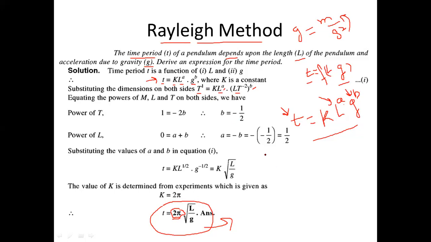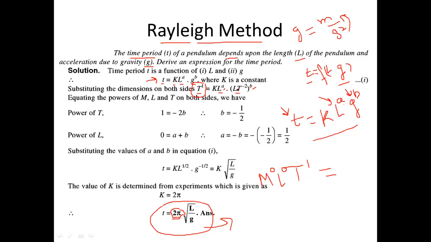Fine. So if I take the LHS side, how many fundamental dimensions do I have? Only one, that is time. So I can say on the LHS, mass is M to the power 0, and L to the power 0, T to the power 1. On the RHS, I can say it is L to the power a. And if I solve this bracket, I will get L to the power b.